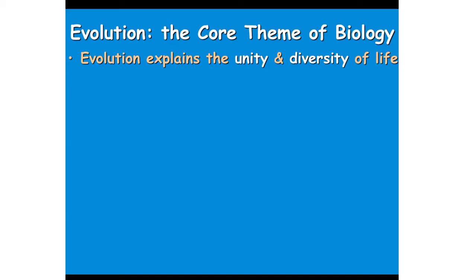All right, so what does it explain? It explains the unity of life, how we're all related and how certain things work the same way regardless of what kind of organism you're talking about. And it also explains the diversity of life, how things are different and what makes them different. Hopefully that unity and diversity and how it relates to evolution will become very clear to you by the end of the semester. That's one of my hopes for you for the end of the term.